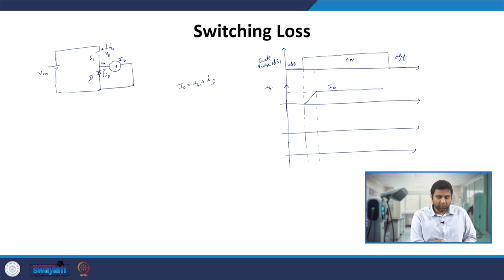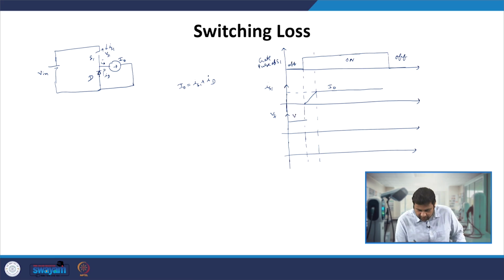and since the voltage across the diode is nearly 0, the voltage across the switch S1 is still holding the V in voltage, because previously, since it was off, the entire voltage appeared across this S1 switch.